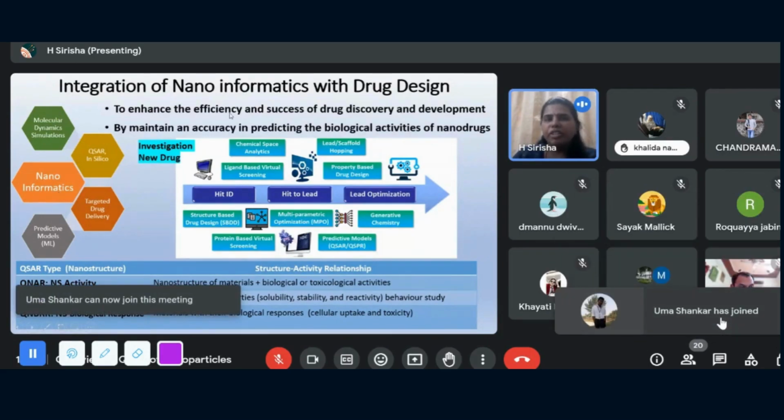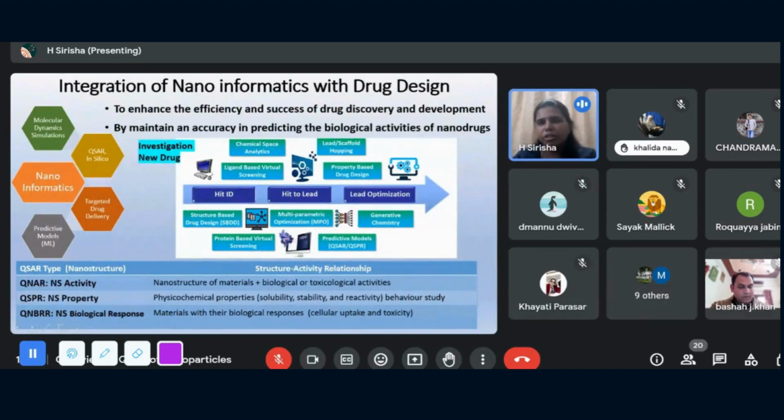To enhance the efficiency and the success of drug discovery and drug development by maintaining accuracy in predicting the biological activity of nanodrugs, nanoinformatics is being used. As we have seen, QSAR is also used in studying the nanostructure in the form of QNAR, that is nanostructure activity, QSPR, that is nanostructure property, and QNBRR, that is nanostructure biological response.